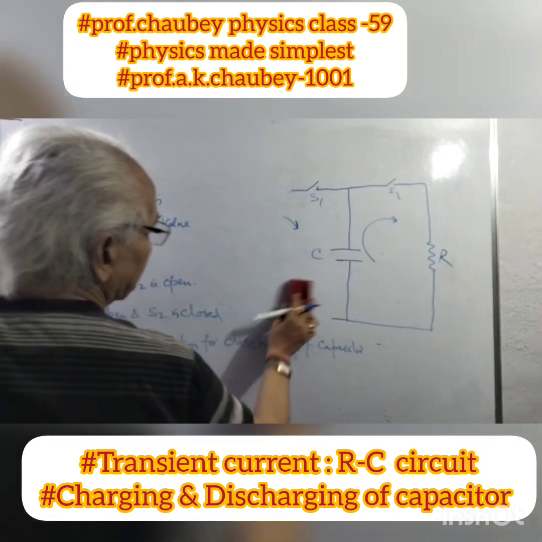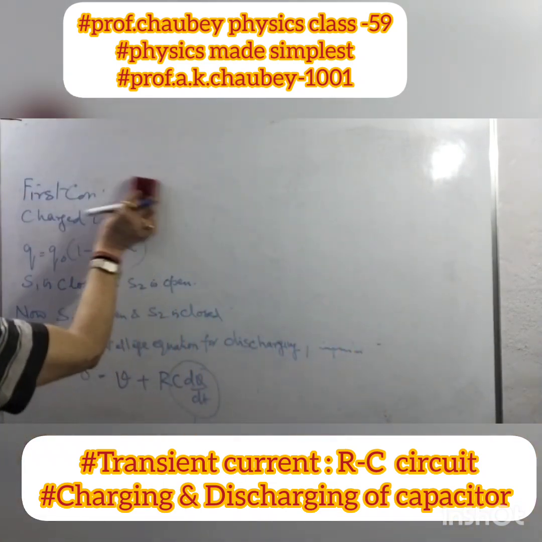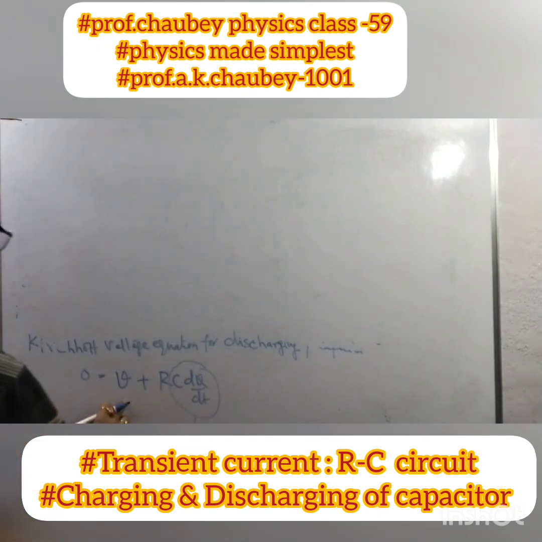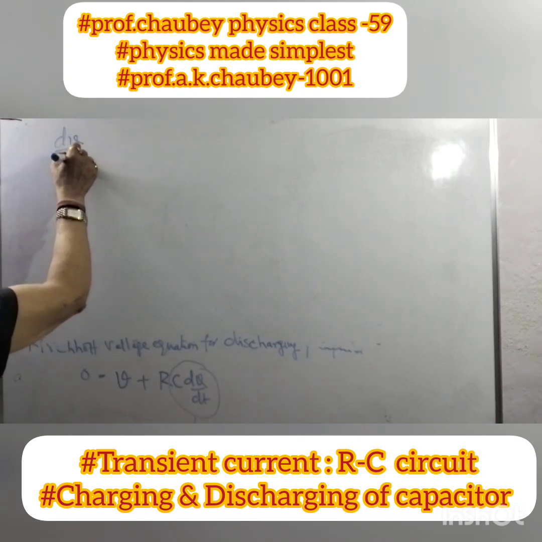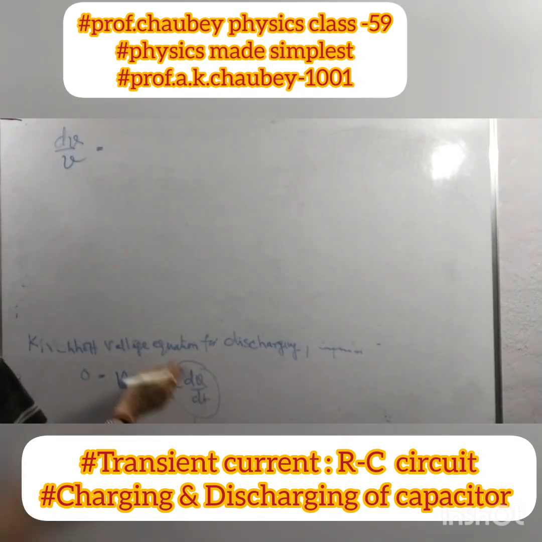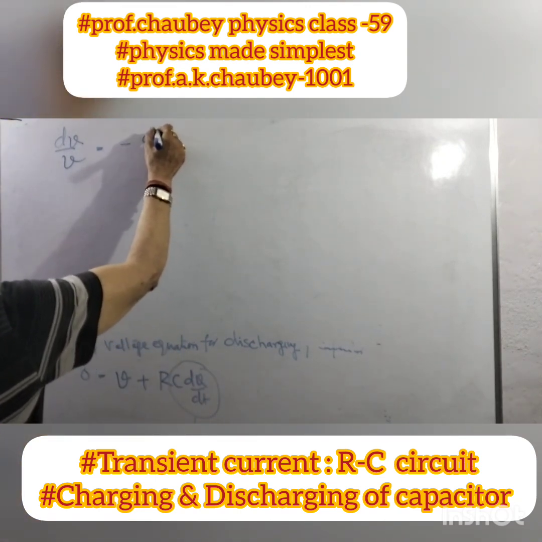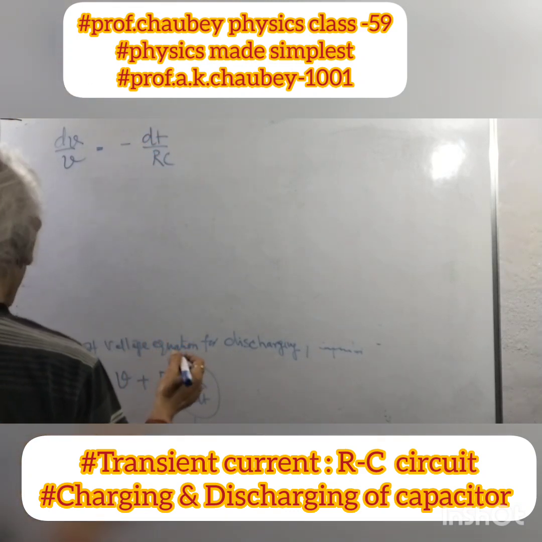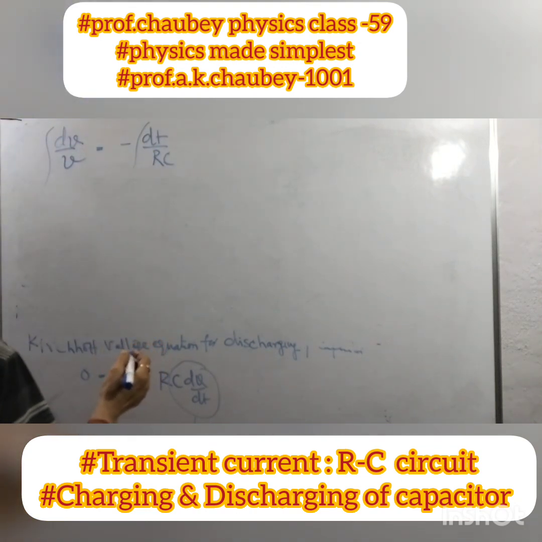Well, now what do you do? You can solve this discharging equation to see how the capacitor discharges through resistance R. So you can write here that V is equal to minus RC dV dt, or dV over V is equal to minus dt over RC. So integrate this, what do we get?